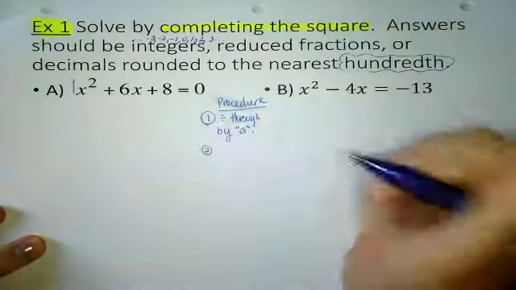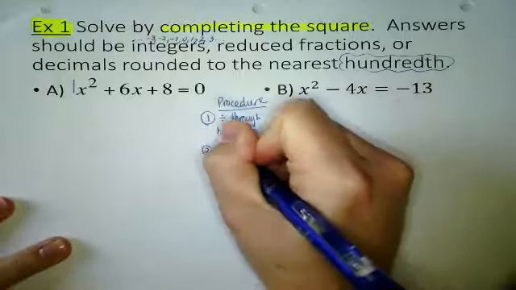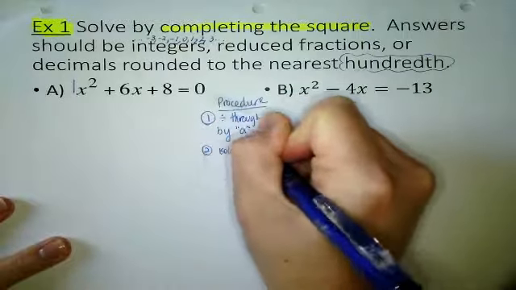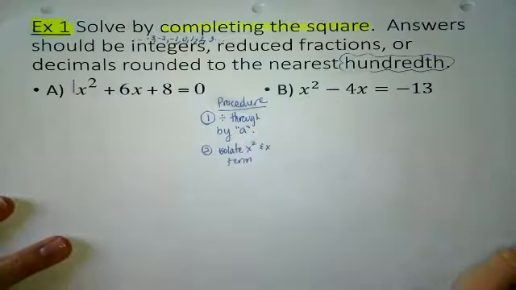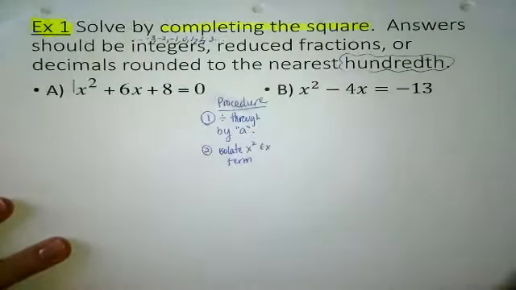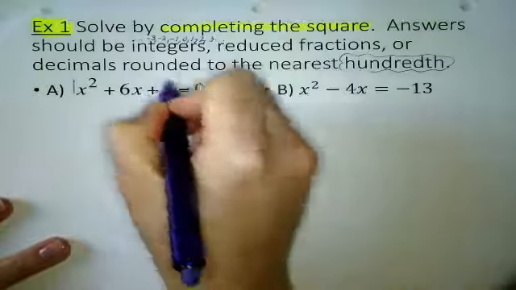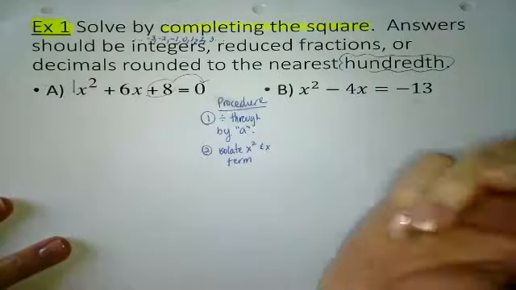Then the second thing is to isolate the x squared and x term on one side of the equal sign. So that's what we're going to do first here. I'm going to go ahead and use a different color so my procedure doesn't get mixed in. I want to take this constant term and move it to the other side.